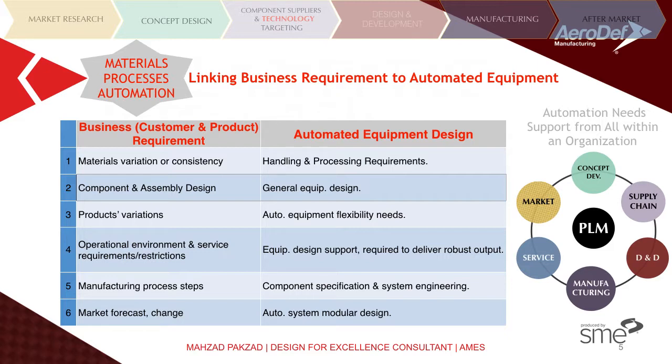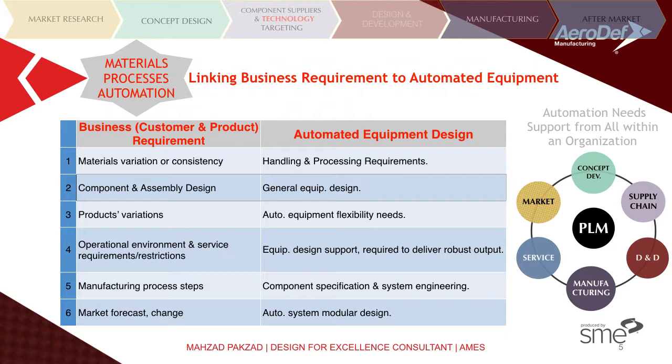First, materials variation or consistency. That will determine the handling and processing requirements for the automated equipment. If we are not clear on all the possible variations and inconsistency of materials, whatever parts of equipment we choose for material handling could fail, because it's going to have to handle something that we weren't aware of when we designed the equipment.